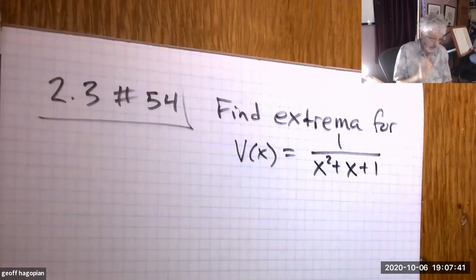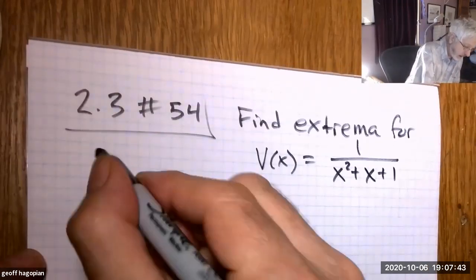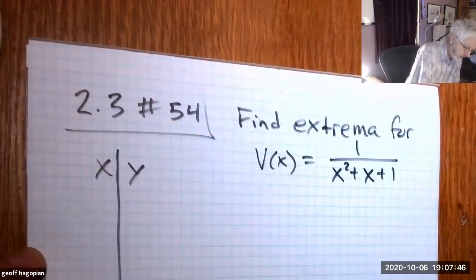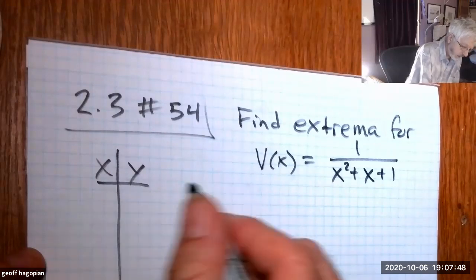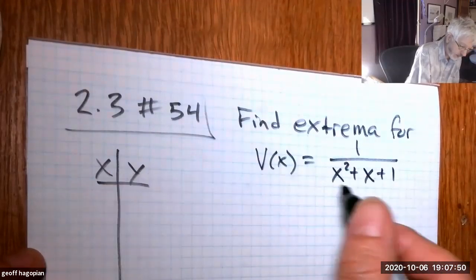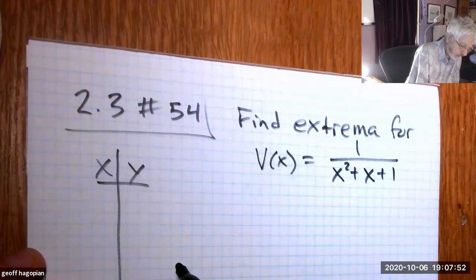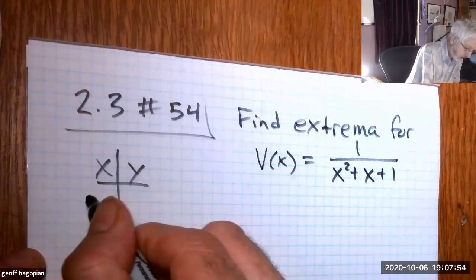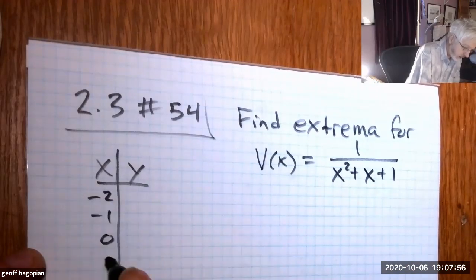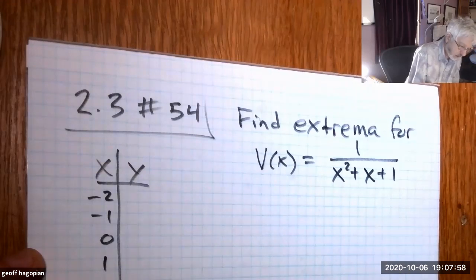As always, you can make a table of values: input, output. X is the input, Y is the output, v of x equals y. Maybe just round up the usual suspects near 0 and see what happens to them.